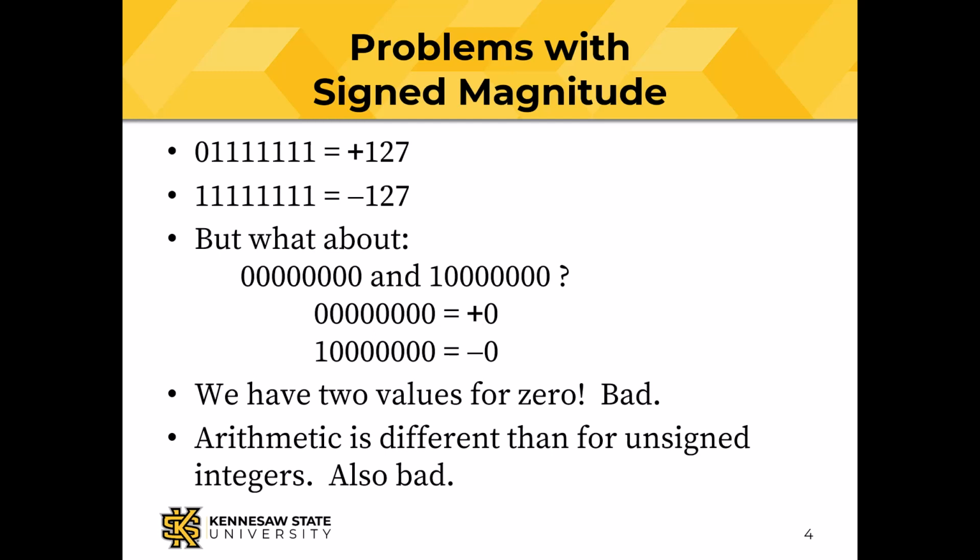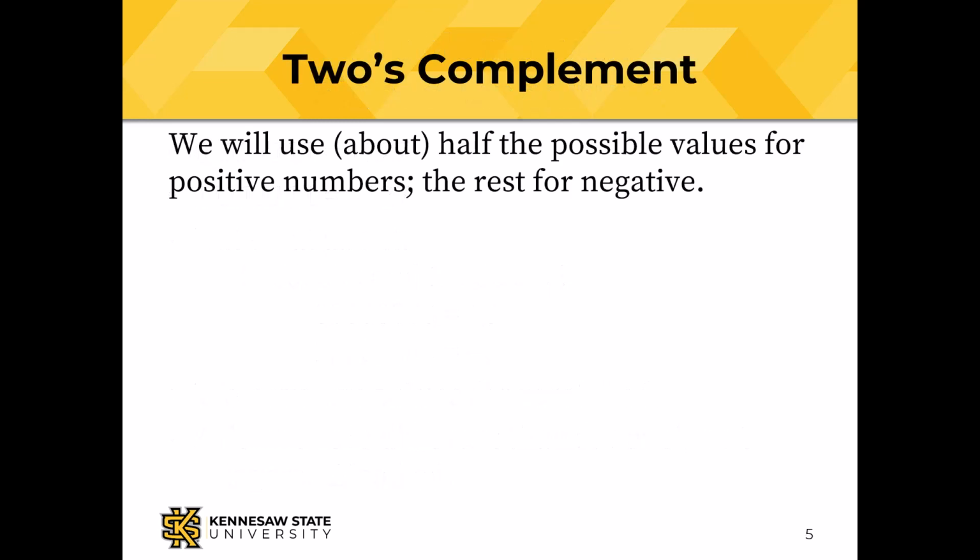We will see signed magnitude numbers when we talk about floating point next time, but for integers we do something different. That something different is called 2's complement. We're going to use about half the possible values for positive numbers and the rest for negative numbers.